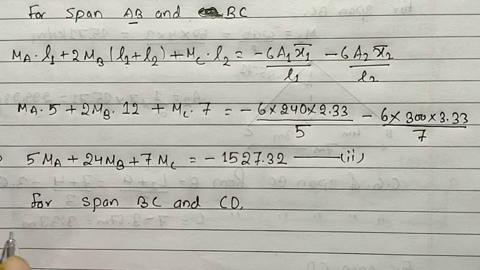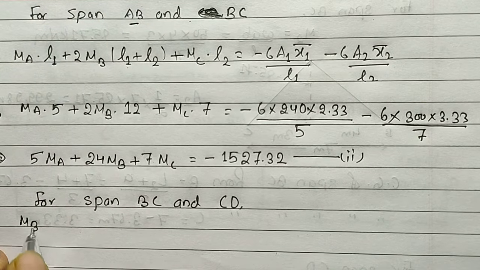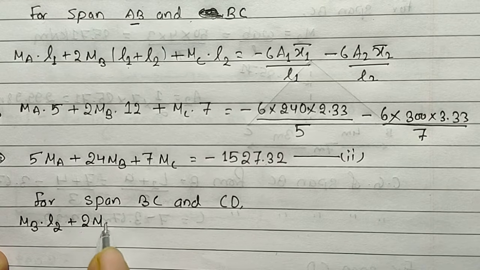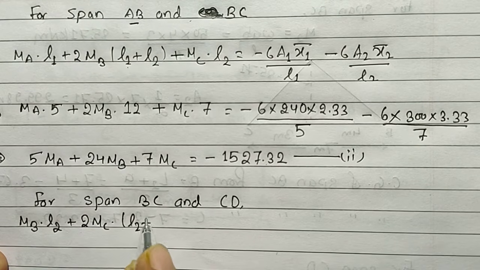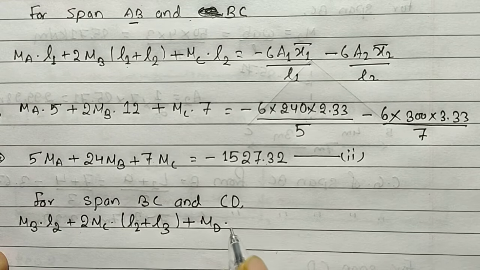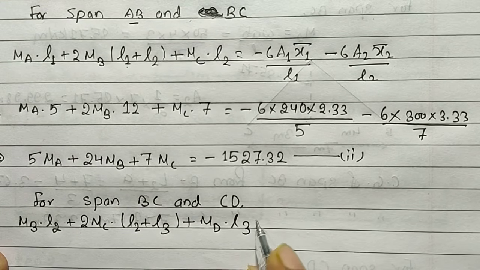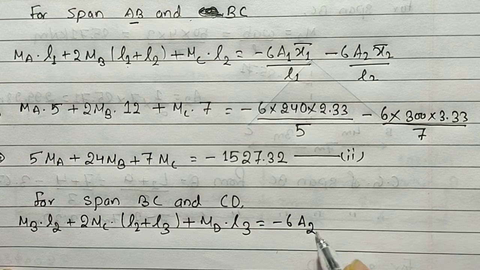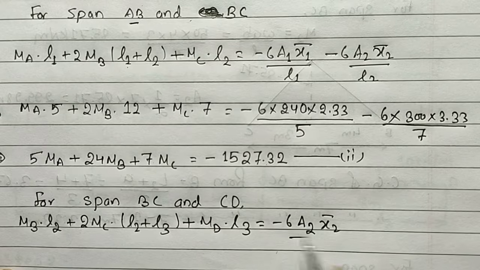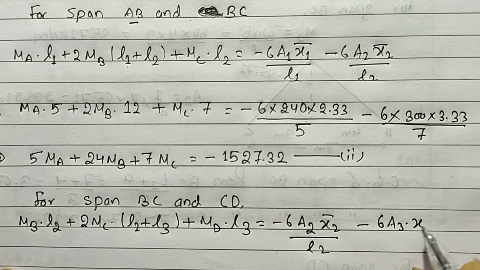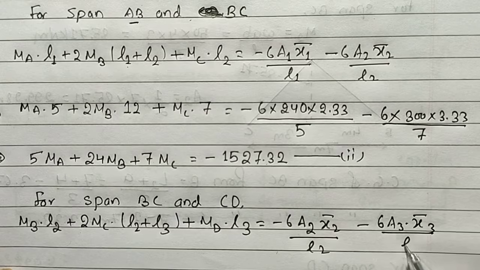So our equation will be MB times L2 plus 2MC times (L2 plus L3) plus MD times L3 equals minus 6 A2 x2 by L2 minus 6 A3 x3 by L3.